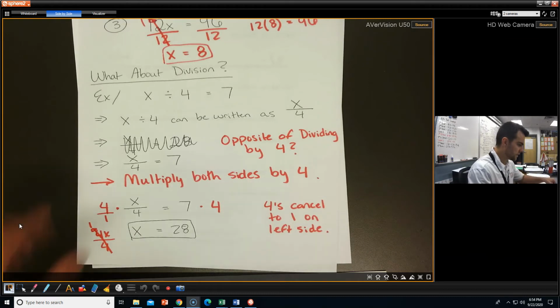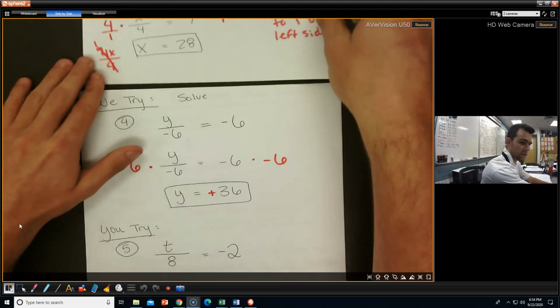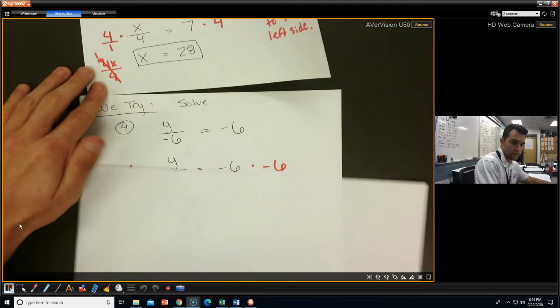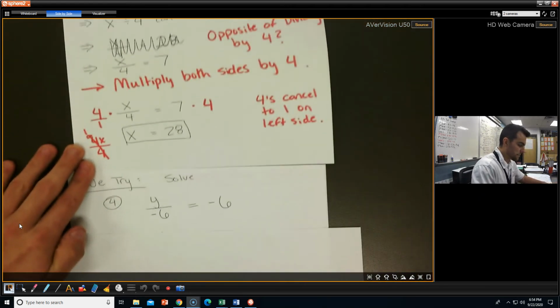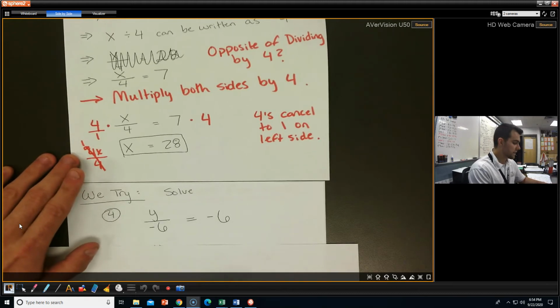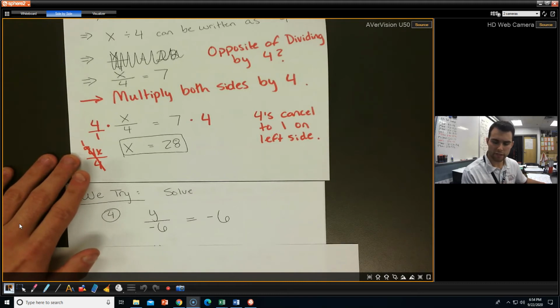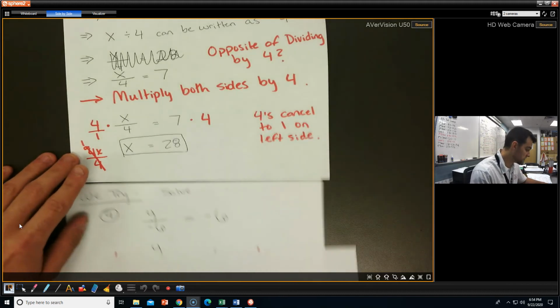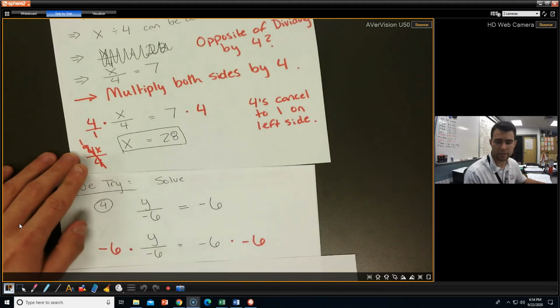All right? Let's see it a little bit more. Okay? Don't expect it to stick right away. But let's see. Okay? So now let's try this guy right here. Let's try number 4. We have now y divided by negative 6 equals negative 6. So the opposite of dividing by negative 6 is multiplying both sides by negative 6.